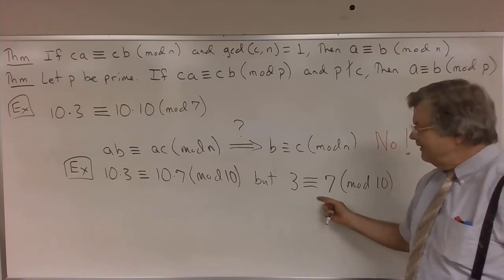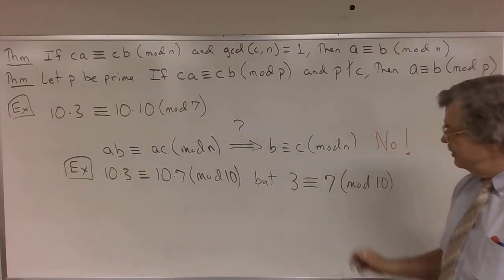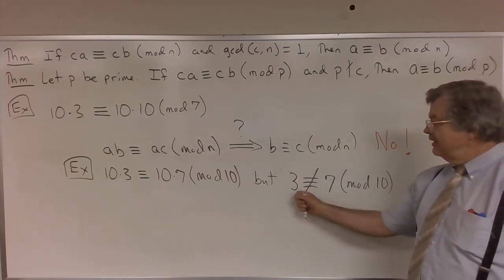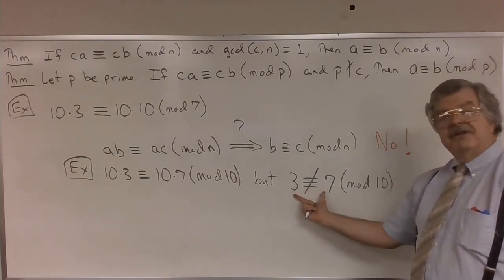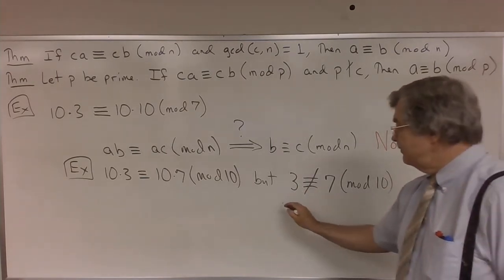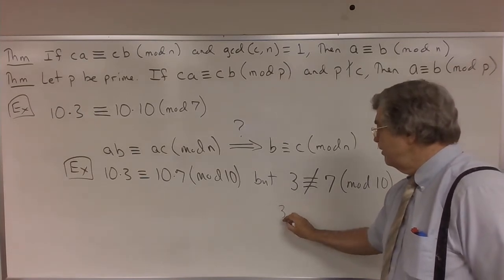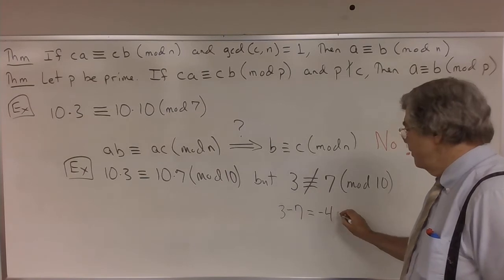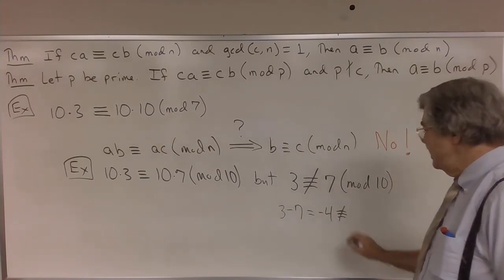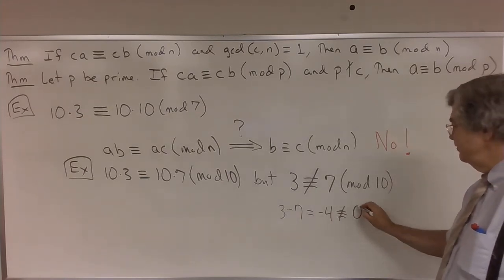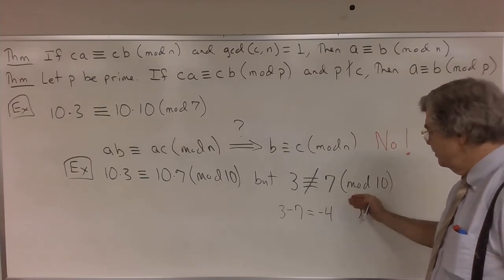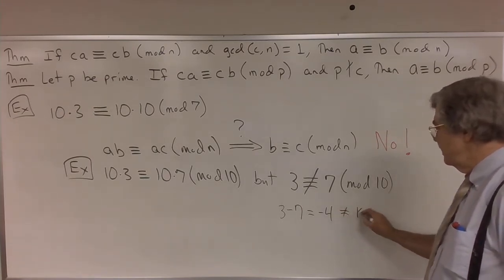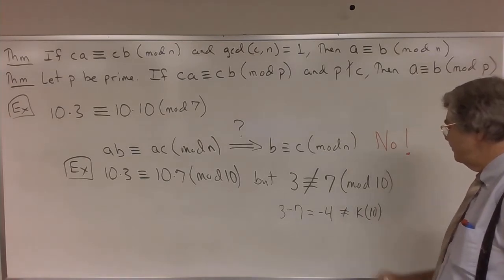And this is definitely not true. To see that, just take 3 and subtract 7. 3 minus 7 is equal to -4, and that is not equal to k times 10 for some integer k.